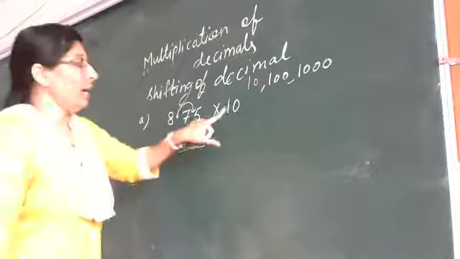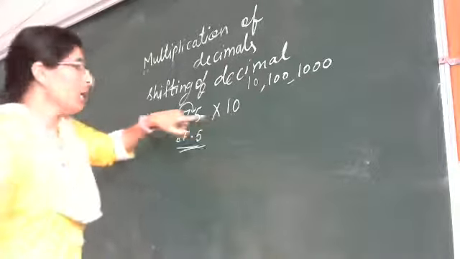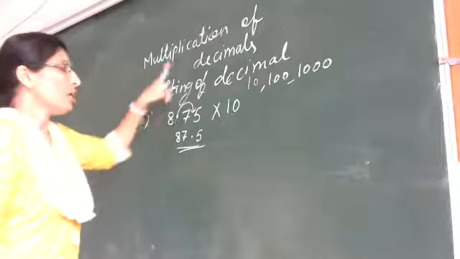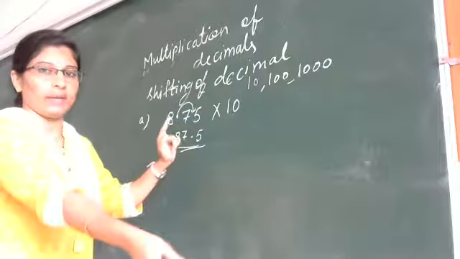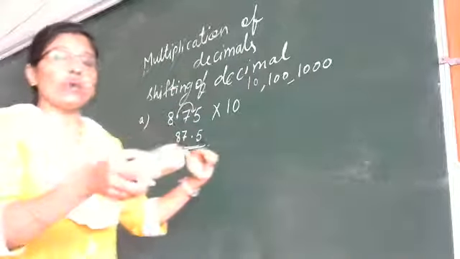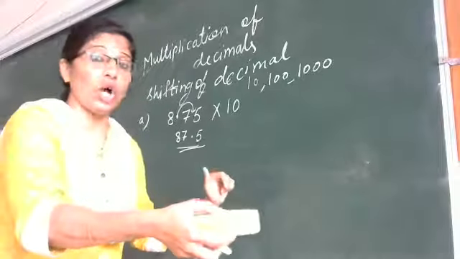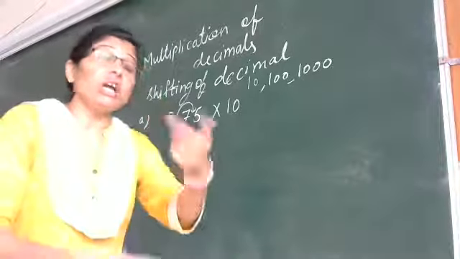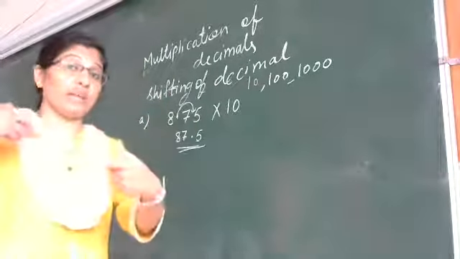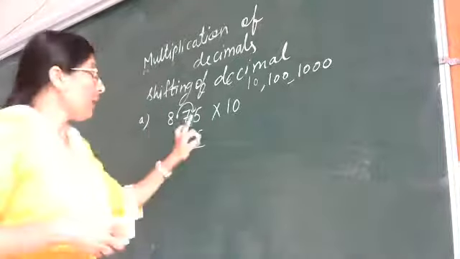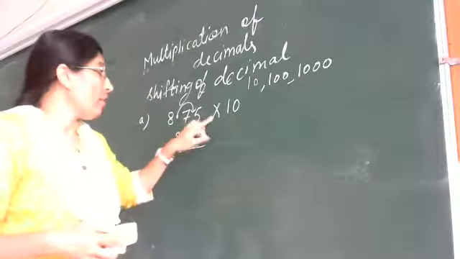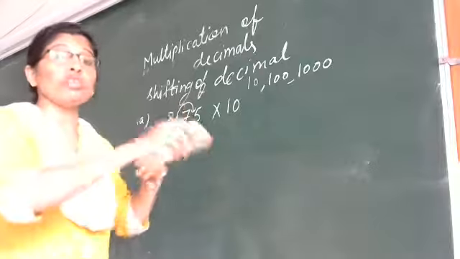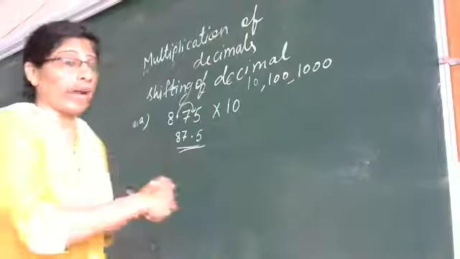Understand carefully. If 10 is there, this point you have to shift to the right side. Why am I stressing the right side? Because in division you have to shift to the left side. So for multiplication, you have to shift to the right side.